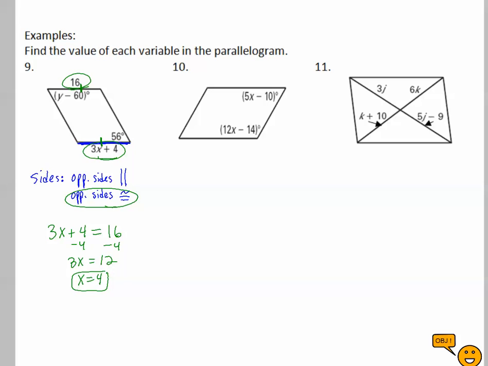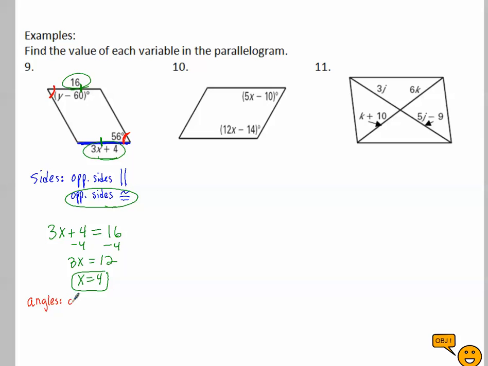How about the y that's in that picture? Well, where is the y that's in that picture? I see a degrees symbol and I see it's inside of the parallelogram, so it's telling me that it's for this angle that's right here. The 56 is telling me for this angle that's right here, 56 degrees. Well, if I think about angles in a parallelogram, what do I know about the angles? Specifically, the ones across from each other.